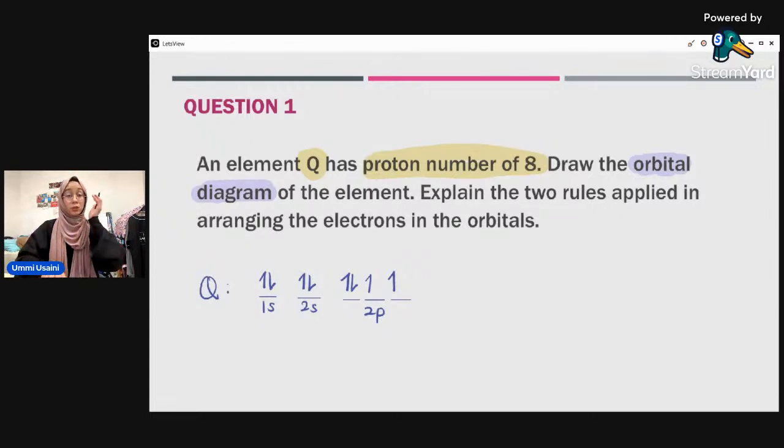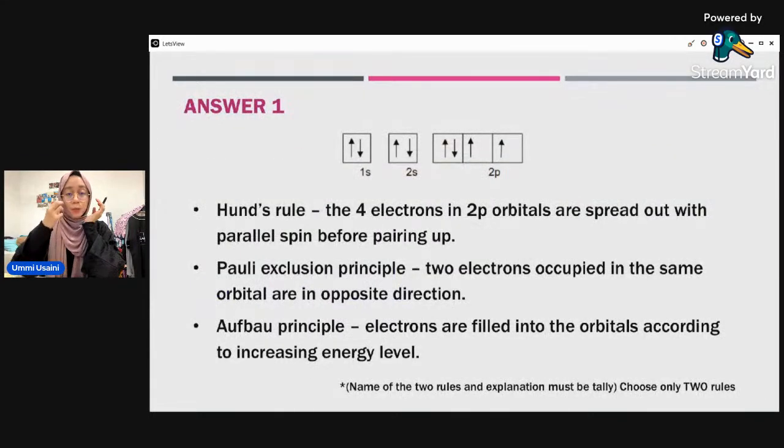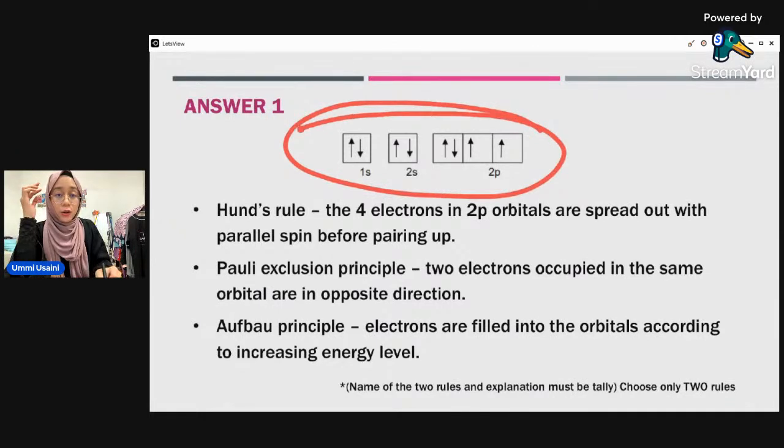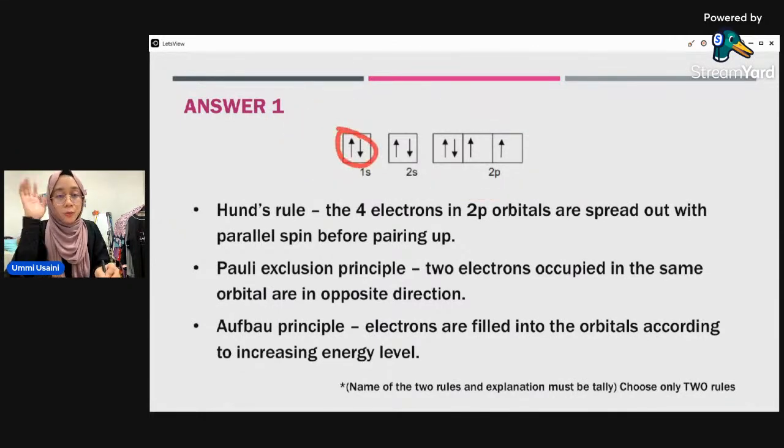So Miss will just show the answer. Let's say you answer using Hund's rule. You can talk about the 4 electrons. This is another way of writing your orbital diagram. You can use boxes. You can use full headed arrows, no problem. Full headed or half headed arrow doesn't matter.